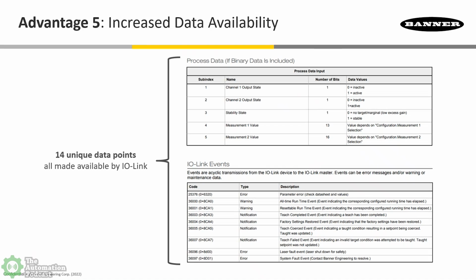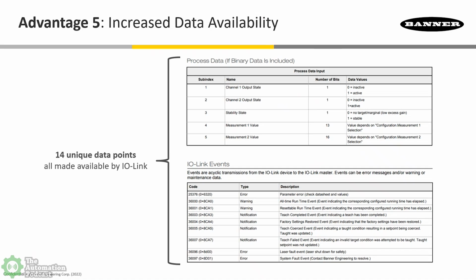A little bit more about the data types that are made available through IO-Link communication. They're categorized as either cyclic data, which is data that's automatically transmitted on a regular basis, or acyclic data, which is data that's transmitted as needed or upon a request from the controller.